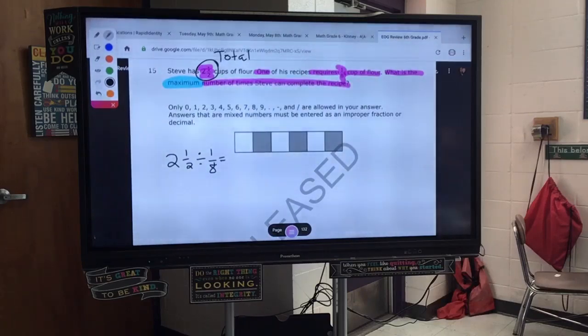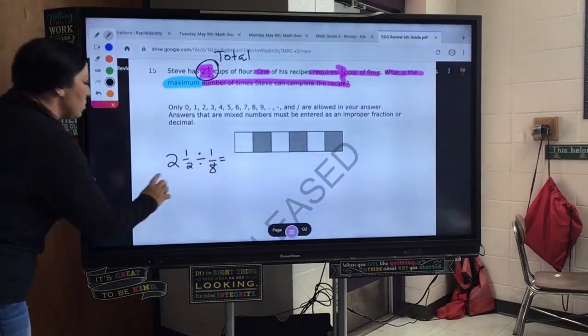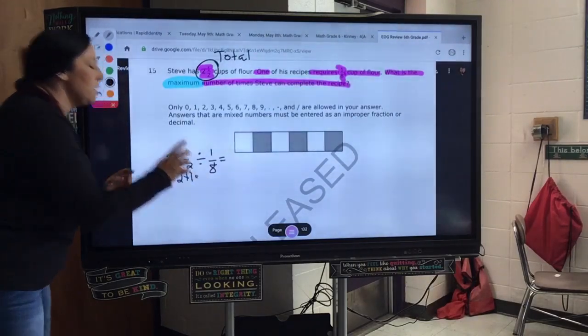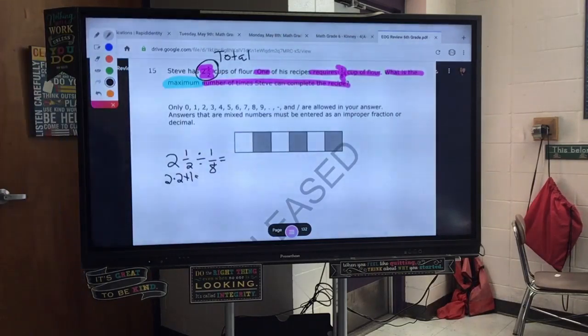All right, let's go ahead and go over this problem. So what do we have to do with 2.5 before we get started? Elisa. Yes, ma'am. So we are going to do 2 times 2 plus 1. Does everybody understand where I'm pulling those numbers from?